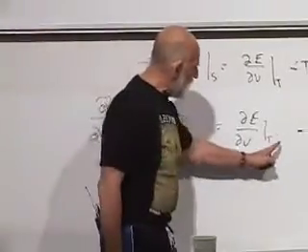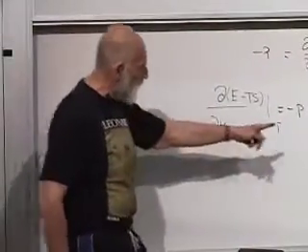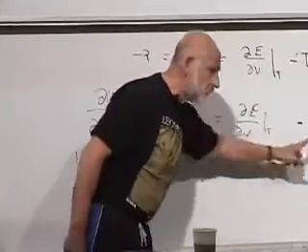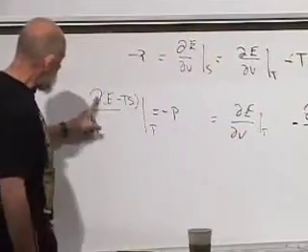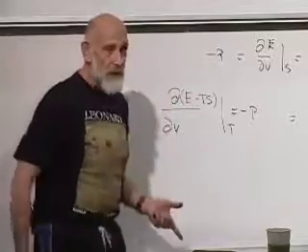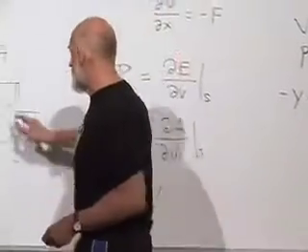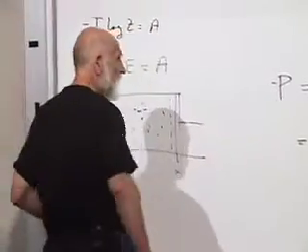These two terms combine together to just say they're both derivatives with respect to volume at fixed temperature, and the result is the derivative of E minus TS. Well, what is E minus TS? It's A, the Helmholtz free energy.